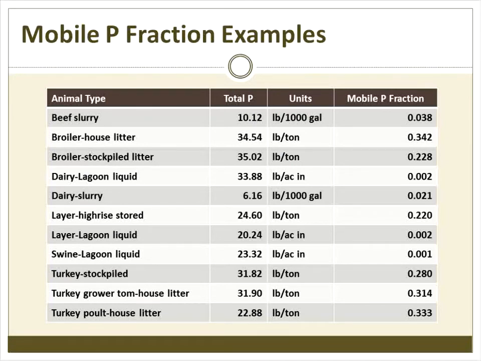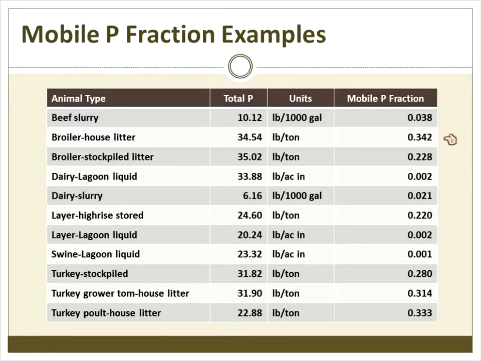So one of the factors that we just talked about is this mobile P fraction. And so you can see for broiler house litter, on average, a ton of broiler litter has about 35 pounds of total P. And of that 35 pounds of total P, about 35%, a third of it is mobile.